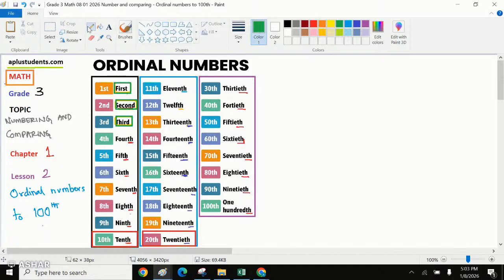So we say that that student is standing at the 19th position. So whenever we are using words, we add the TH at the end, except for the first three numbers, first, second, and third, right?